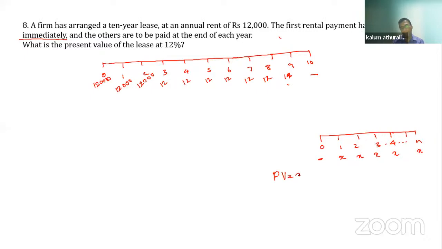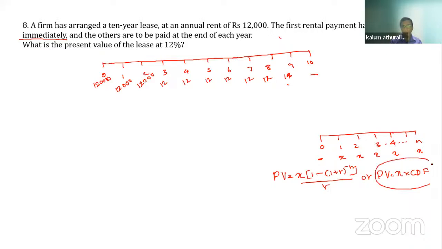Then the present value of this annuity you can find using this formula: PV equals x times (1 minus (1 plus r) to the power minus n) divided by r. Or PV equals x times CDF. You can use either of these two formulas.